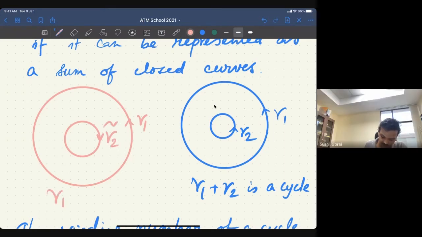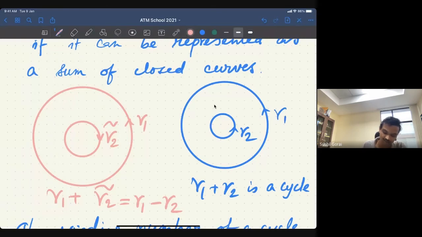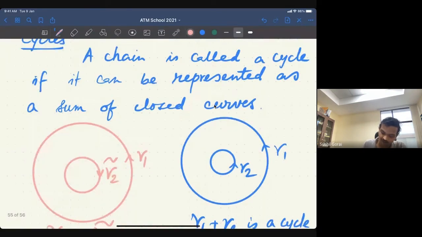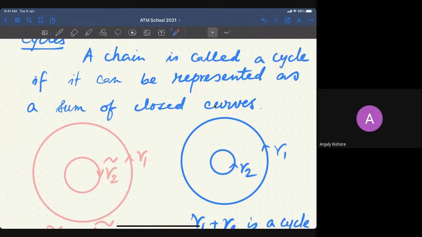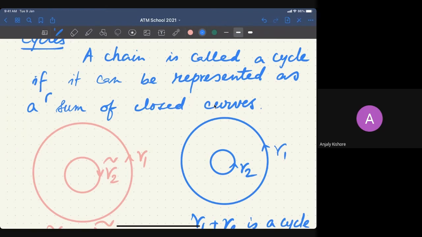Then it will be gamma 1 plus gamma 2 tilde, which equals gamma 1 minus gamma 2, which is not the same. Still it is a cycle, because it can be represented as a formal sum of closed curves. So orientation is not a problem for being a cycle, but if the orientation differs, the curve changes and the chain becomes different. Okay, sir. Thank you, sir.